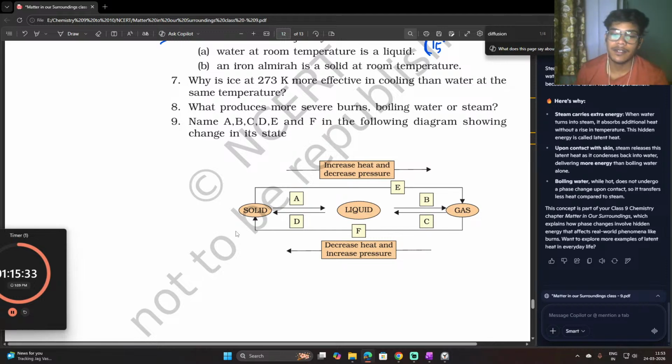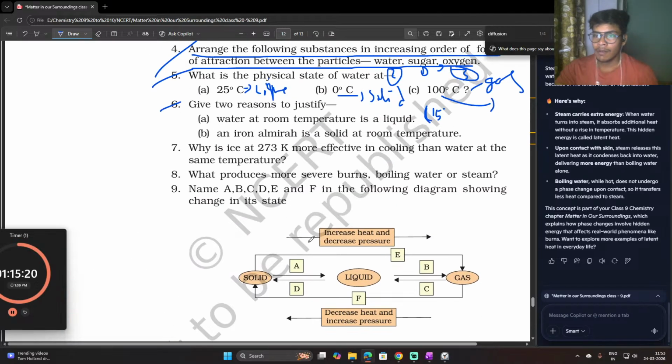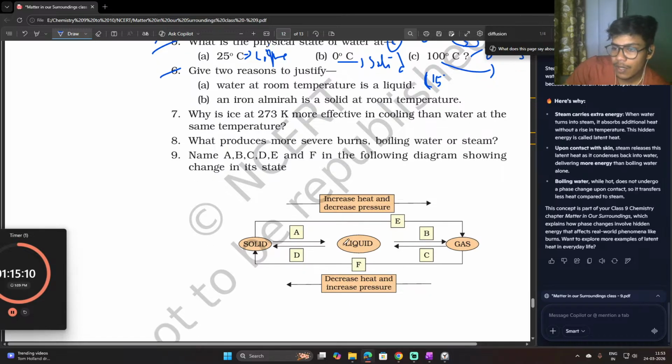Okay. Let's go. Name A, B, C, D, E, and F in the following diagram showing change in its state. The solid to liquid, right? Solid to liquid.